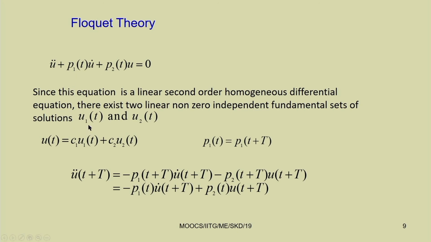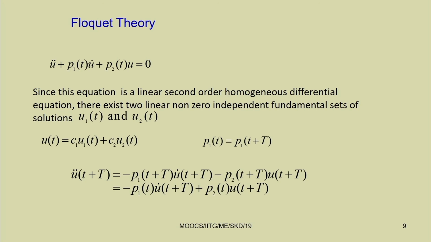For example, let us take u1(t) and u2(t) as the two fundamental sets of solutions. Now, as these are fundamental solutions, a linear combination of these two solutions is also a solution. So, we can write u(t) equal to c1 u1(t) plus c2 u2(t).